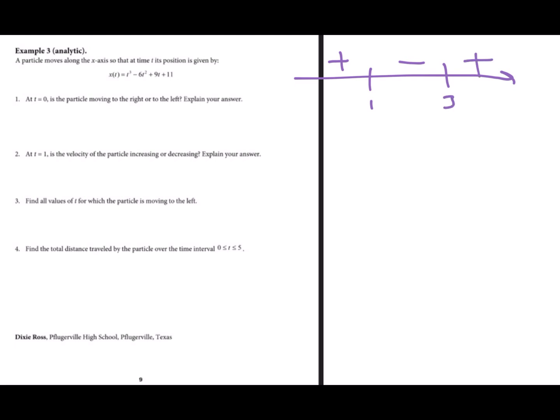So on the interval from 0 to 5, I want to figure out where I start, where I am at each time I change direction, and where I stop. So I need to know what x of 0 is, what x of 1 is, what x of 3 is, and what x of 5 is.